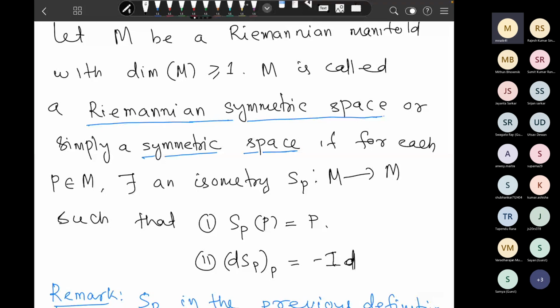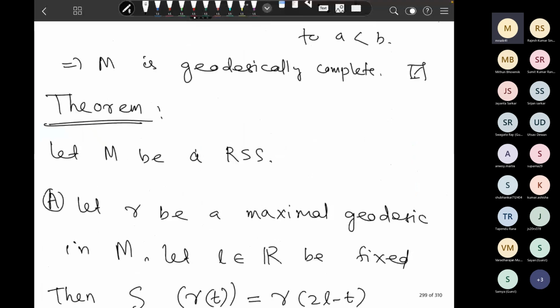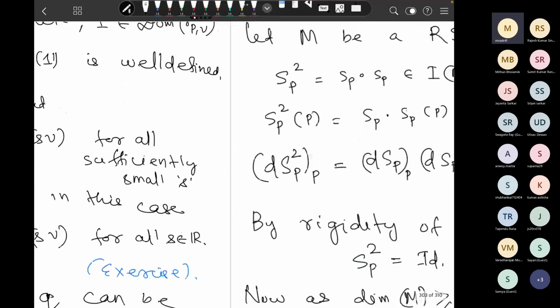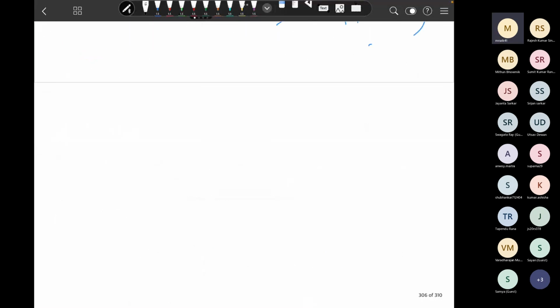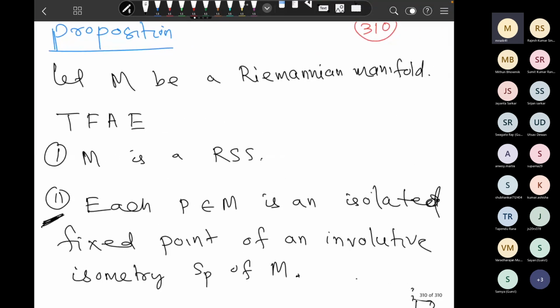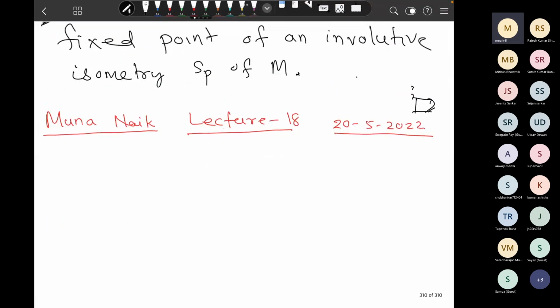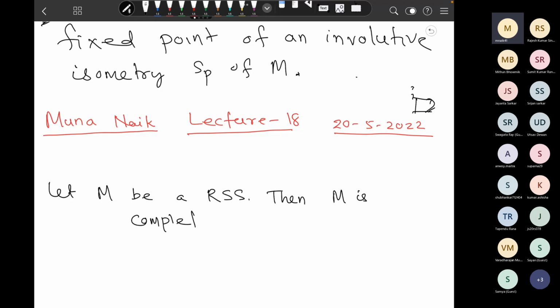Using that, we first proved the proposition like this. Let M be a Riemannian symmetric space. Then M is complete. We have proved that. So how did we prove that? Let us recall a little bit.